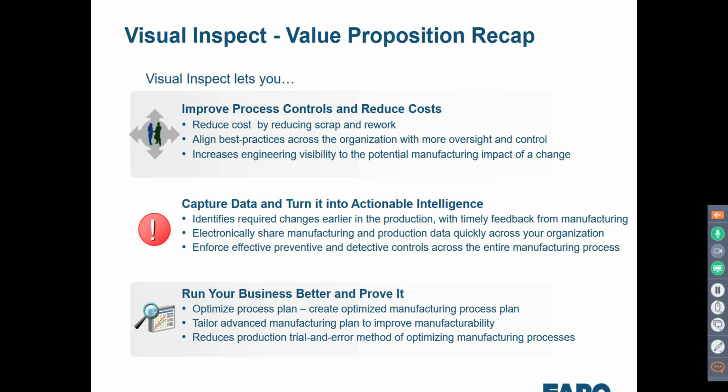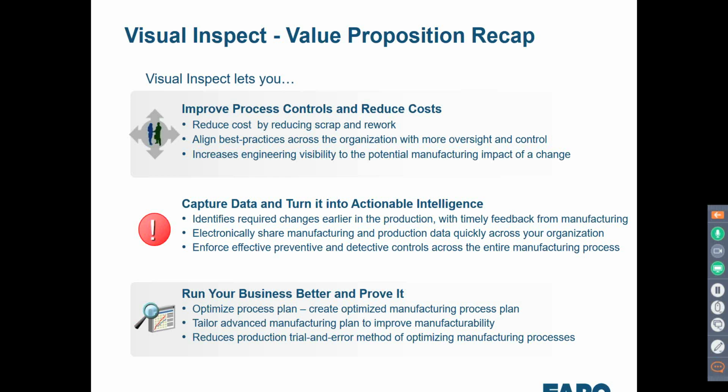So Visual Inspect basically allows you to improve your process controls and reduce costs by reducing, mitigating, or eliminating scrap and rework. We align to best practices across your facility, your organization, with increased oversight and control capability.